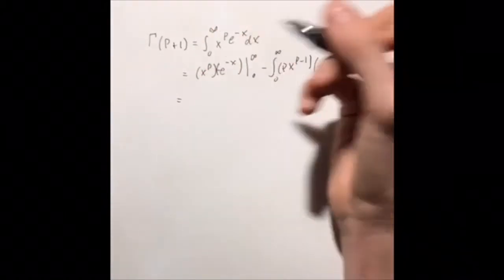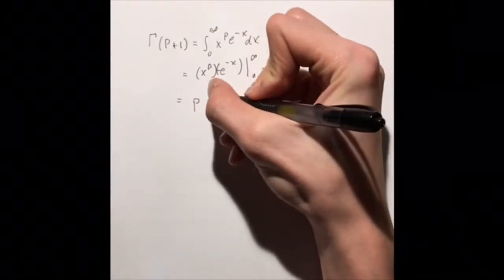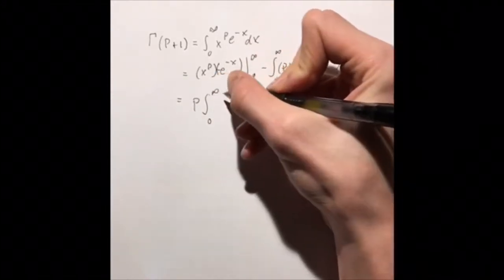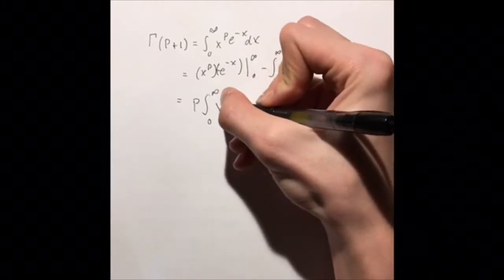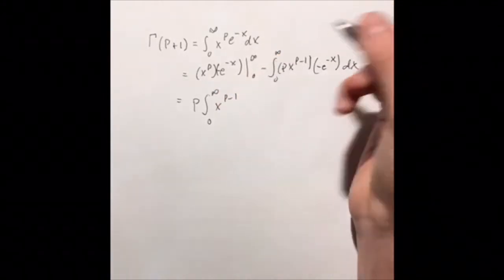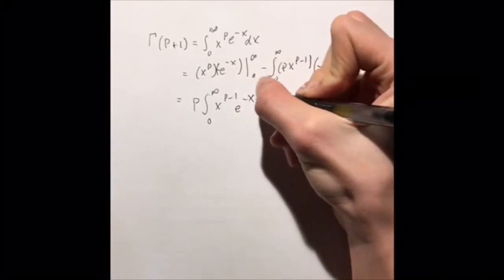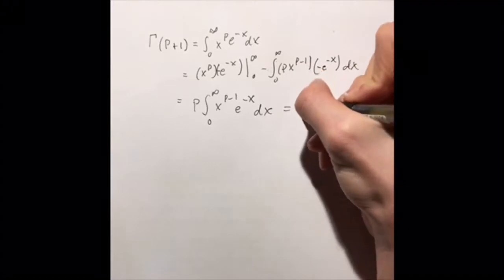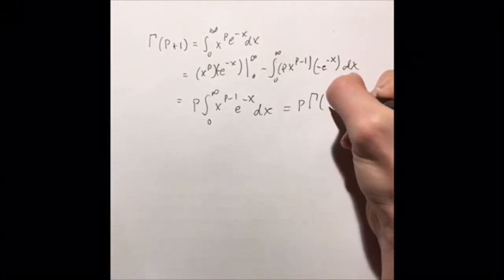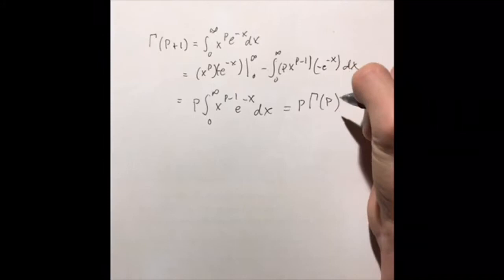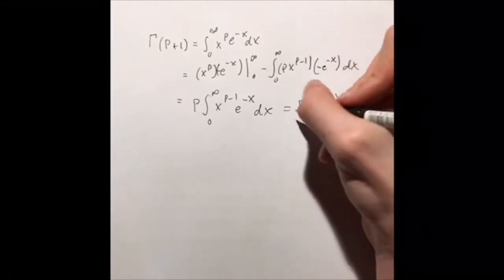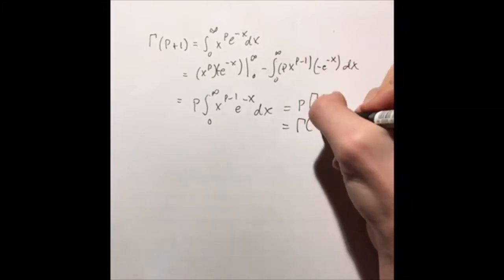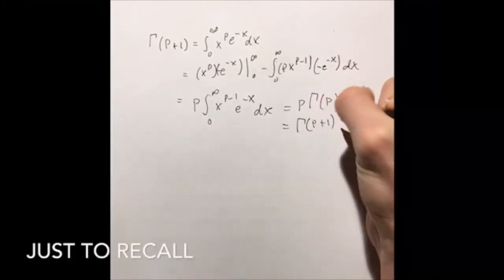This simplifies to p times the integral from 0 to infinity of x to the p minus 1 e to the negative x dx. And this is simply p times the gamma function of p. And by definition this is equal to gamma of p plus 1.